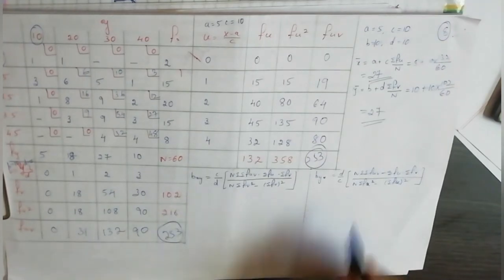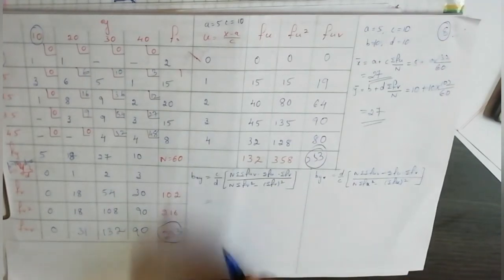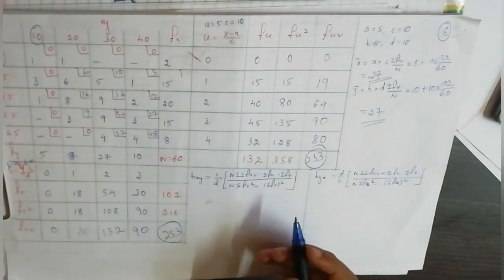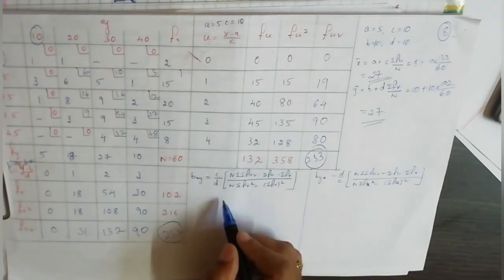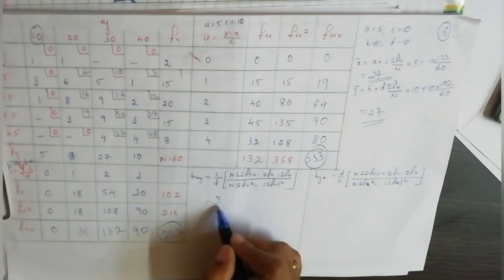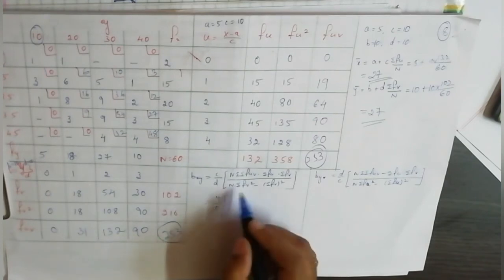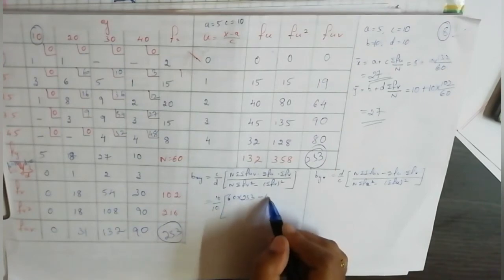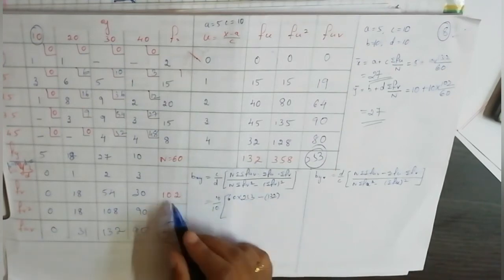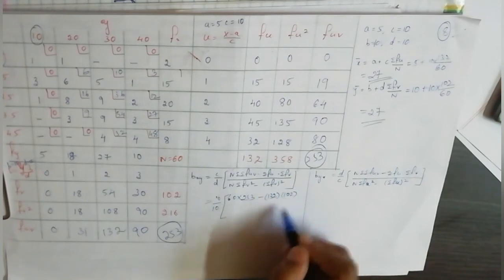So now we'll find bxy and byx. Okay, so bxy. What is the bxy formula? C is 10, D is 10, N is 60, sum of fuv is 253, minus sum of fu is 132, sum of fv is 102.